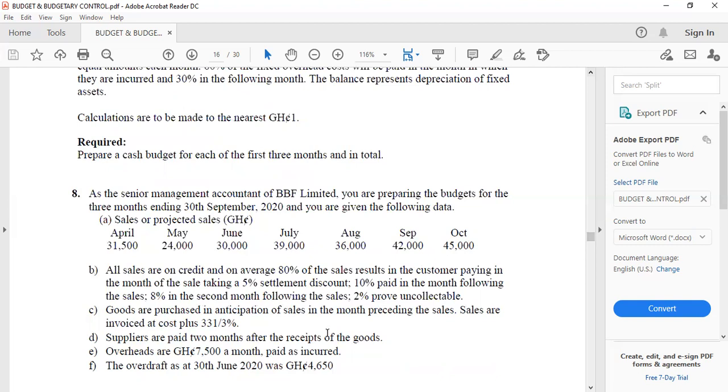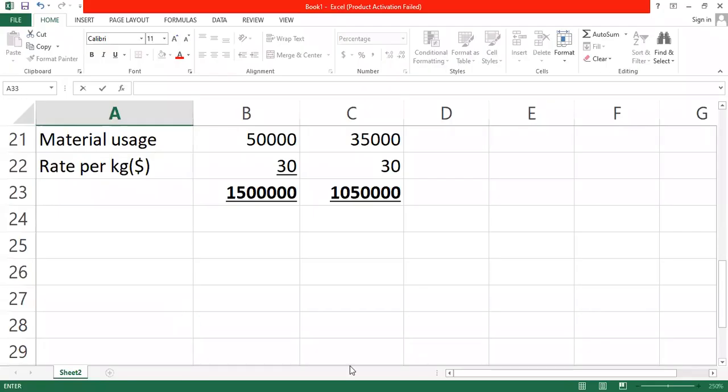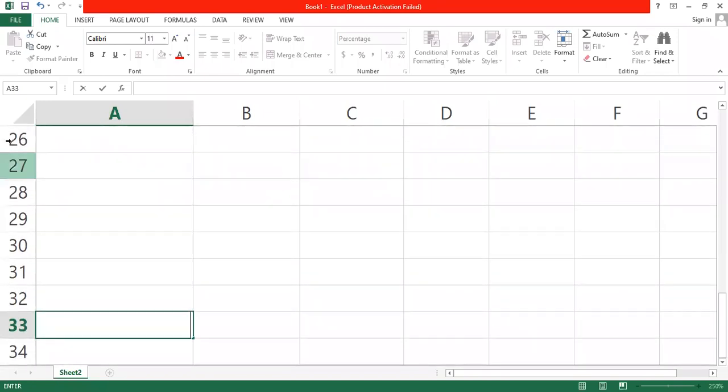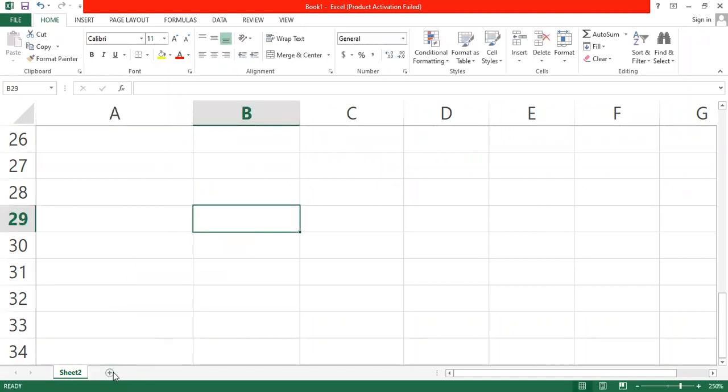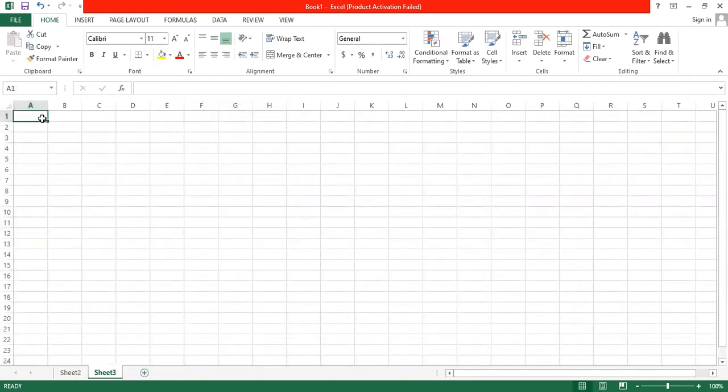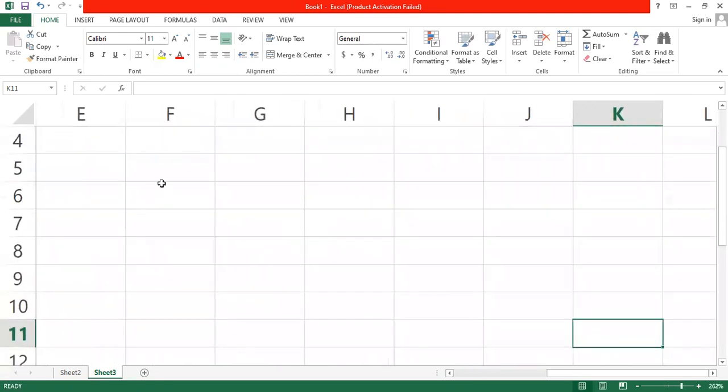So we are going to do April to September. What are we going to do now? Let me put it on a different sheet. The first requirement is A, which is cash collection for customers. We can say cash collection schedule.